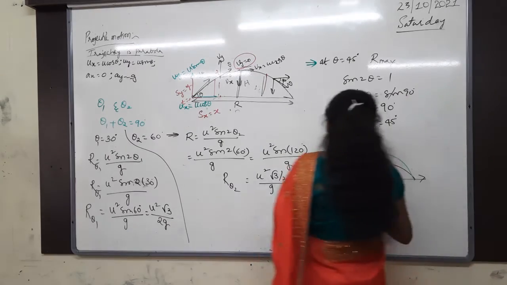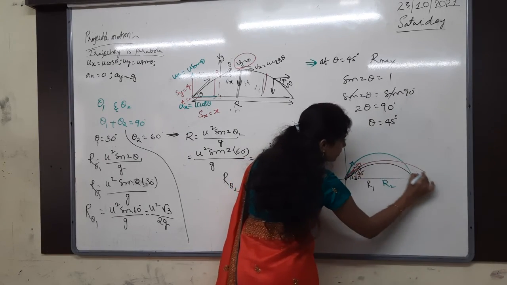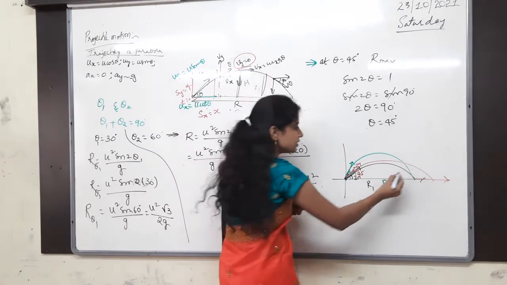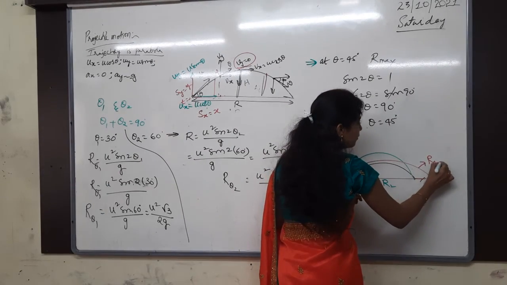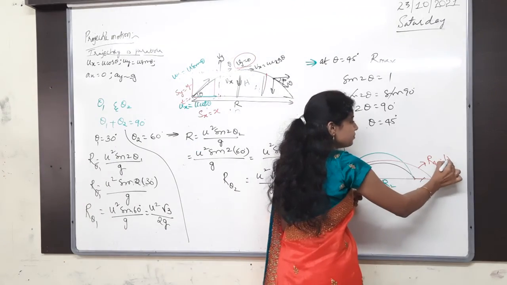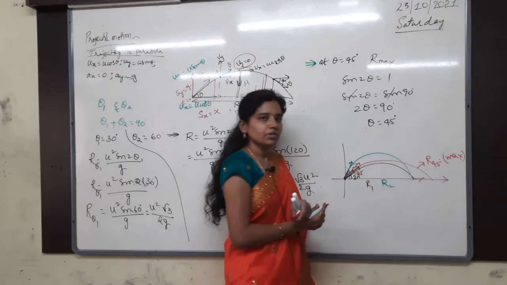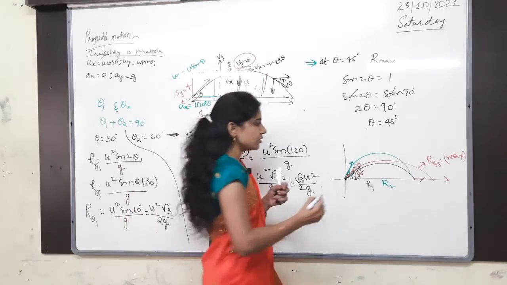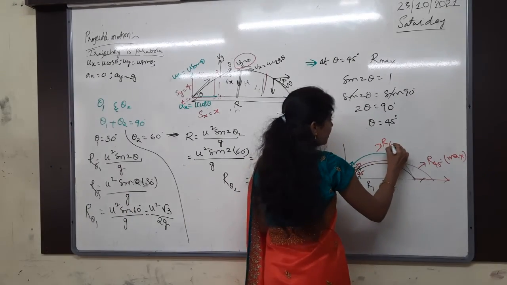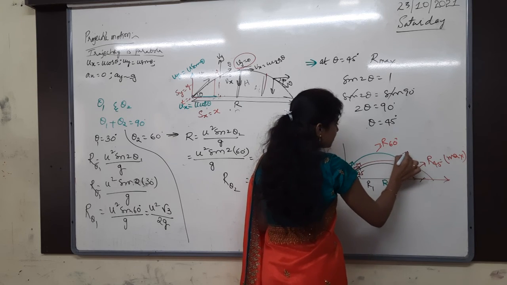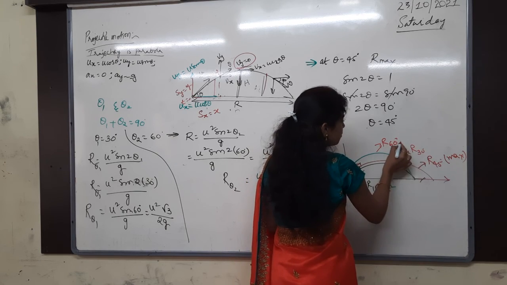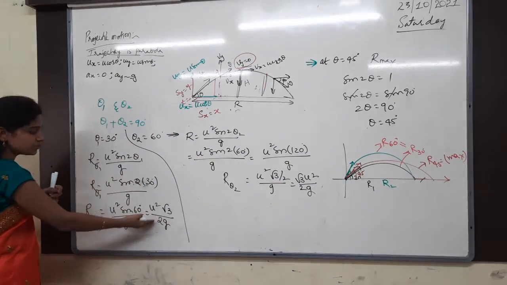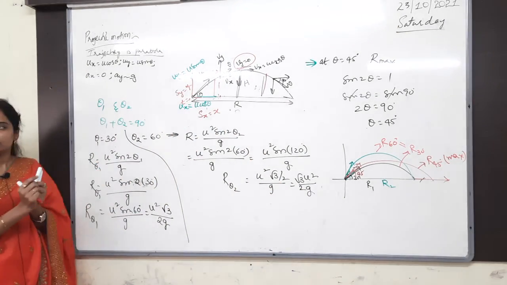So you will get the red one, 45 degrees, somewhere here. This is R at 45 degrees, it should be maximum. Nobody should beat that. Everything is below that only. This is R at 60 degrees, this one is R at 30 degrees. Both are equal to each other. That is what I have shown here: root 3 U square by 2G, root 3 U square by 2G.